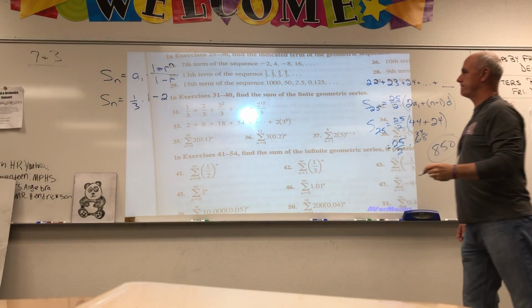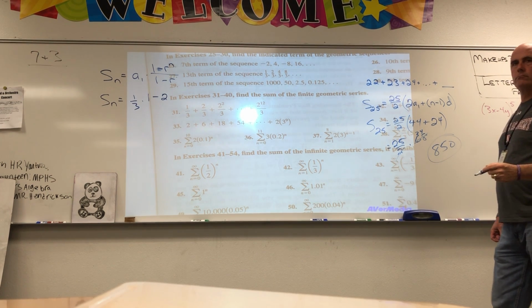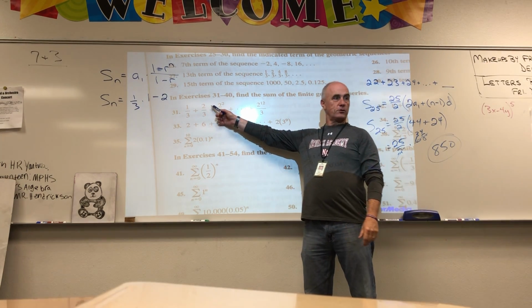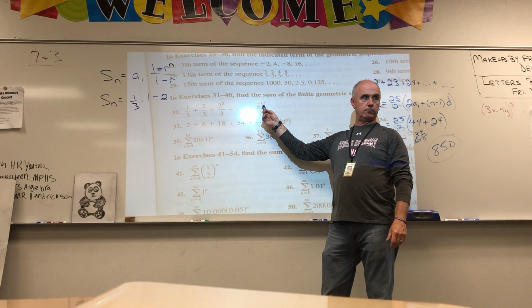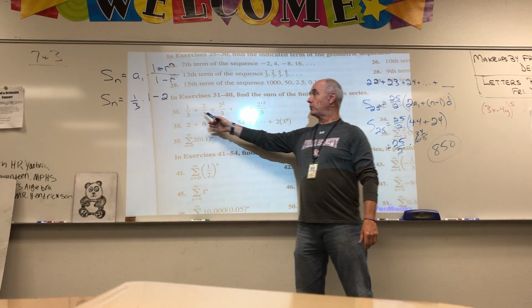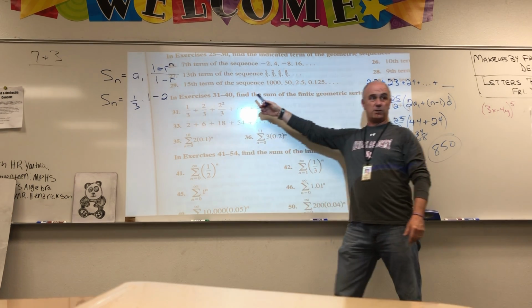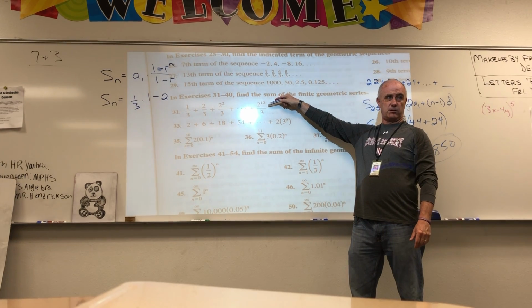N. 2 to the first, 2 to the second, 2 to the blah, blah, blah, 2 to the 12. And we started at 2 to the 0. So we went from the 0th power to the 12th power. Does that make sense?